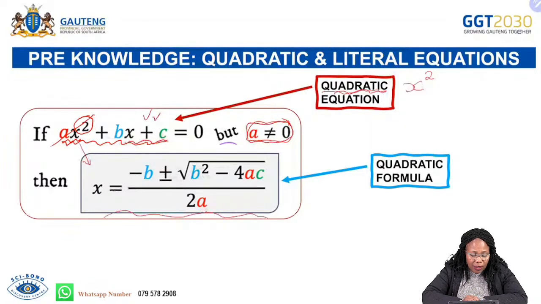Instead of starting this division line from minus b, you sometimes only write it there below the b squared minus 4ac. Please ensure that it starts from the minus b. Secondly, there must be this minus b there. And then there must be a plus minus, meaning there are two solutions for this.